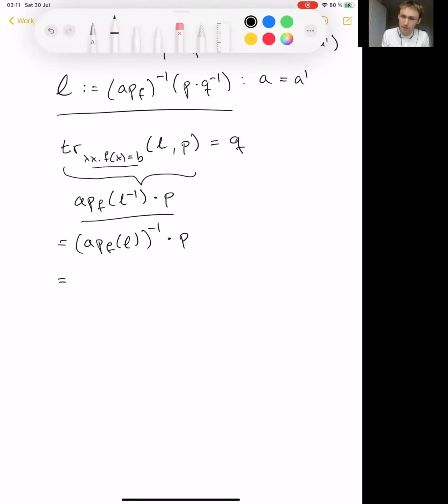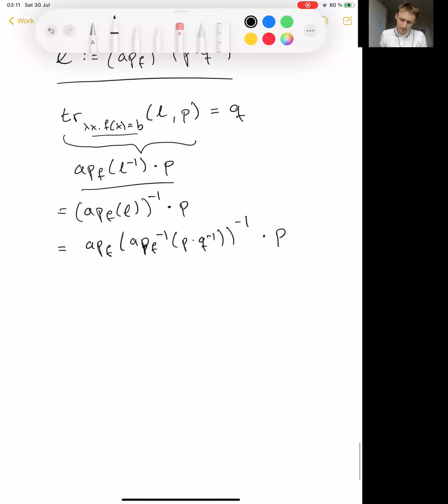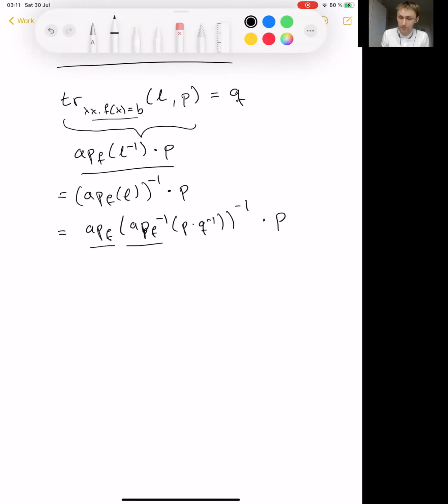Now let's unfold the definition of L. App f, and L was defined to be app f inverse of P composed with Q inverse, and it was this whole thing now inverse and composed with P. In fact, these two will cancel out now, right?